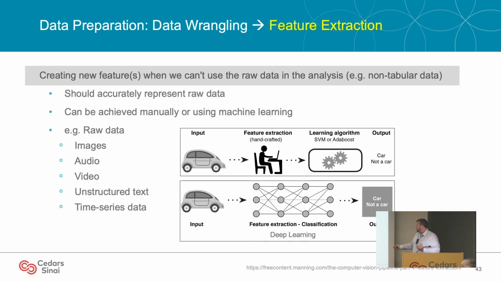Deep learning is a classic example of a set of methods that allows you to extract variables, for example, from images or audio files or many other things. So you can actually use machine learning just to create features for downstream analysis. Or sometimes you have algorithms like deep learning that can do both at the same time. You would really want to do this when you have data like images, audio, video, unstructured text, or time series data.